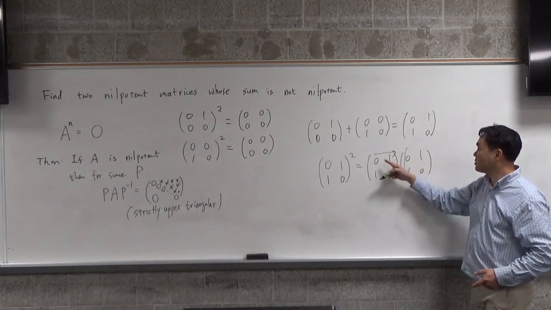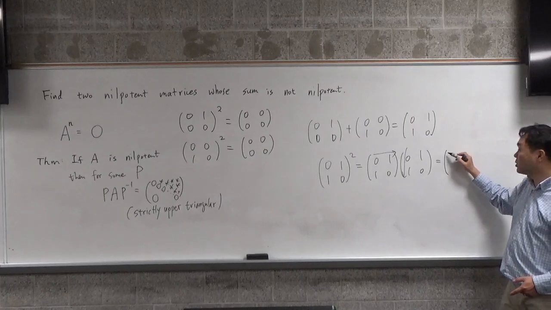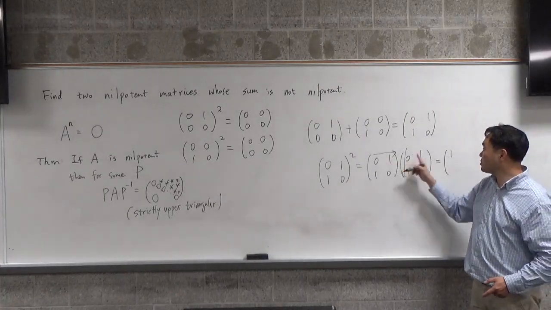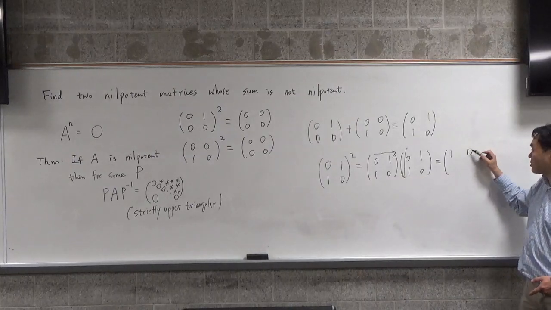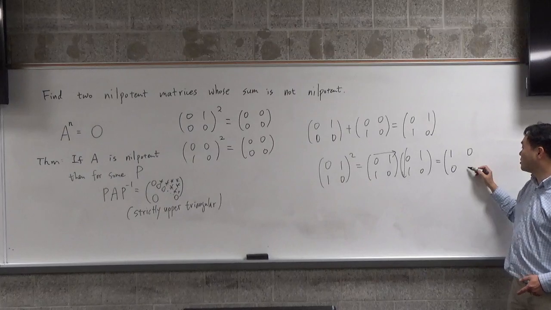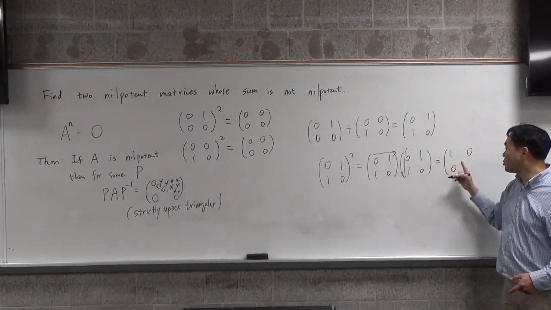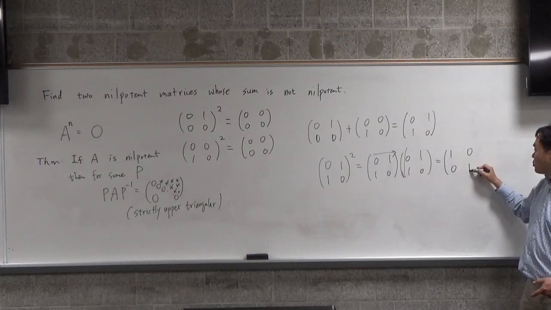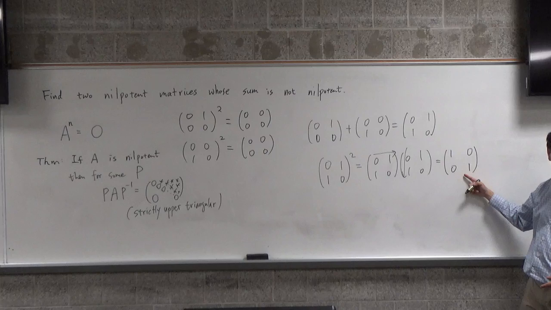Across, down, right? 0 times 0, 1 times 1, what's that? 1, right? 0 times 1 plus 1 times 0, what's that? 0. 1 times 0 is 0, 0 times 1 is 0. No, sorry. 1 times 1 is 1, 0 times 0 is 0, so it's 1. Oh, okay, so this squares to the identity matrix, right?